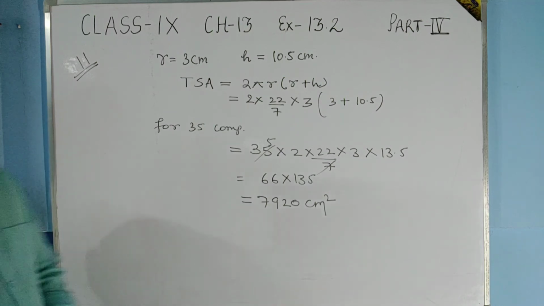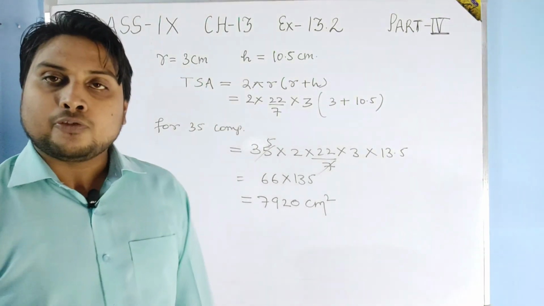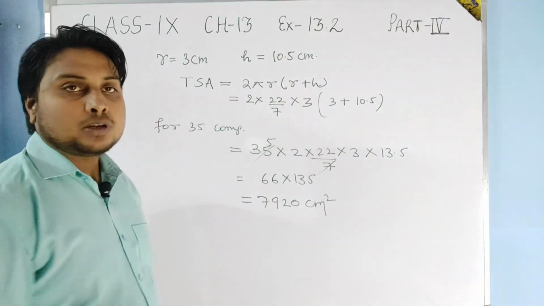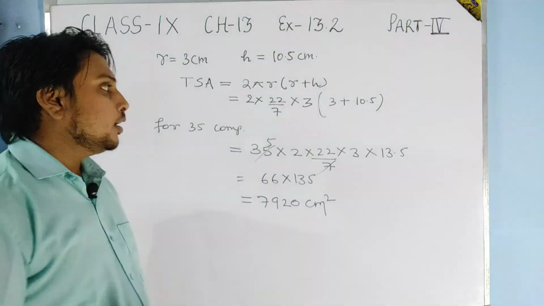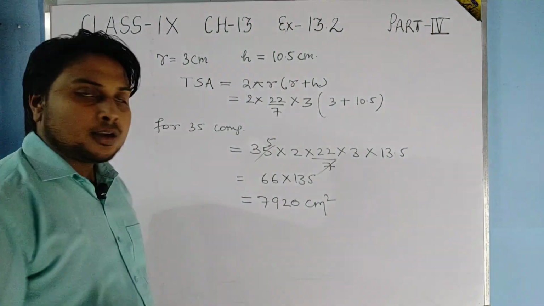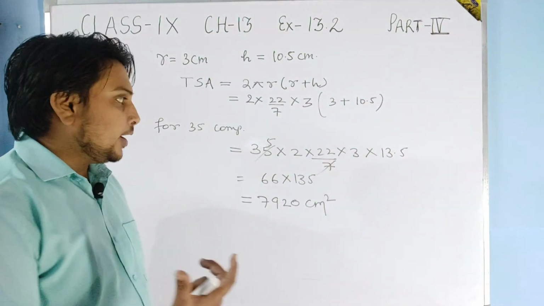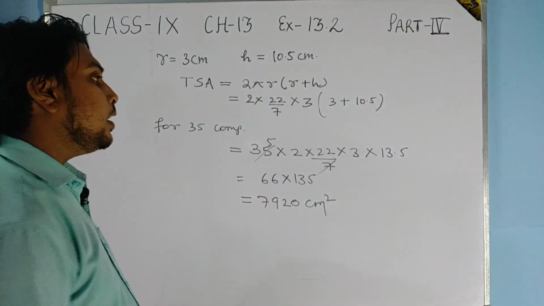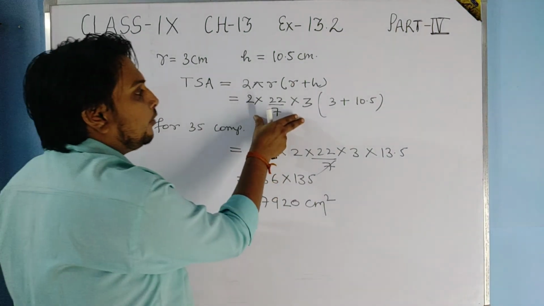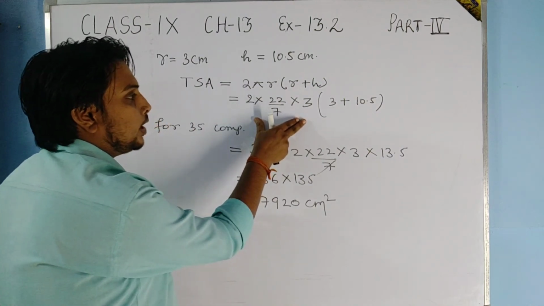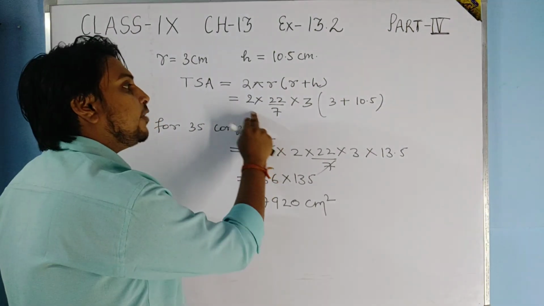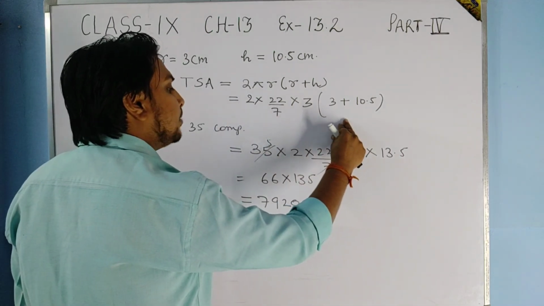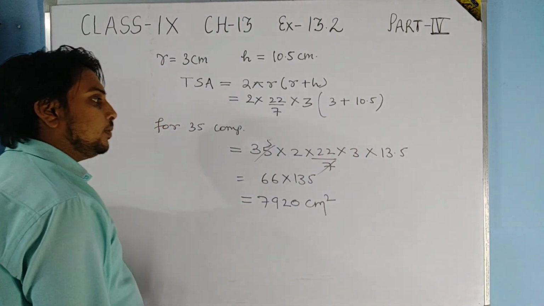Okay, do not hesitate with the calculation. The more you calculate, the more you will find the short tricks to solve the questions. Okay, like this, why have I left it here? Why have I not multiplied? If I multiply it here, then we'll get the whole and the decimal, and then the calculation will be more tough.